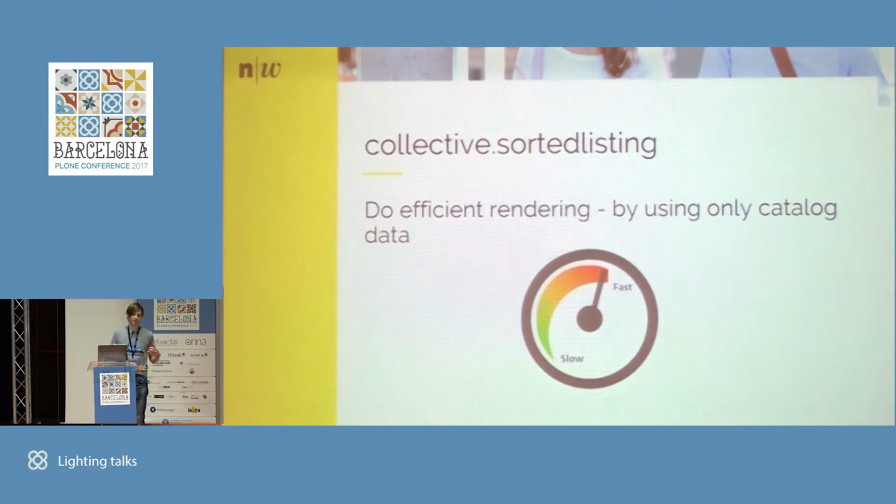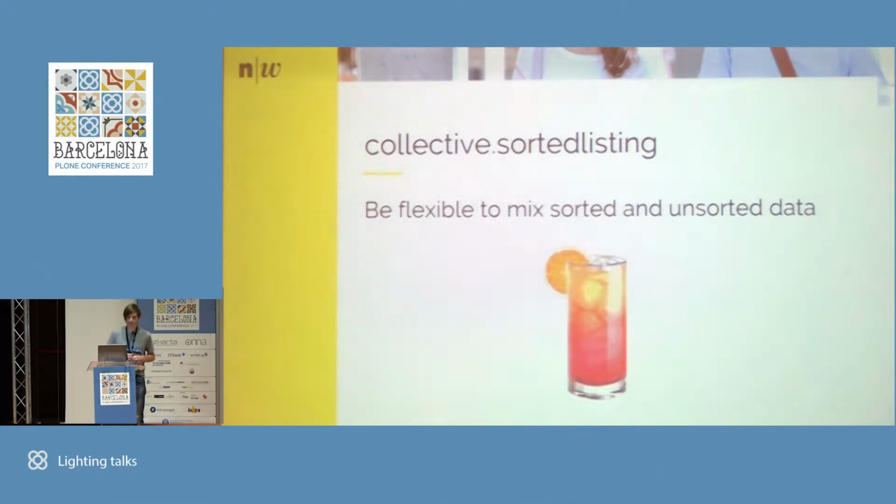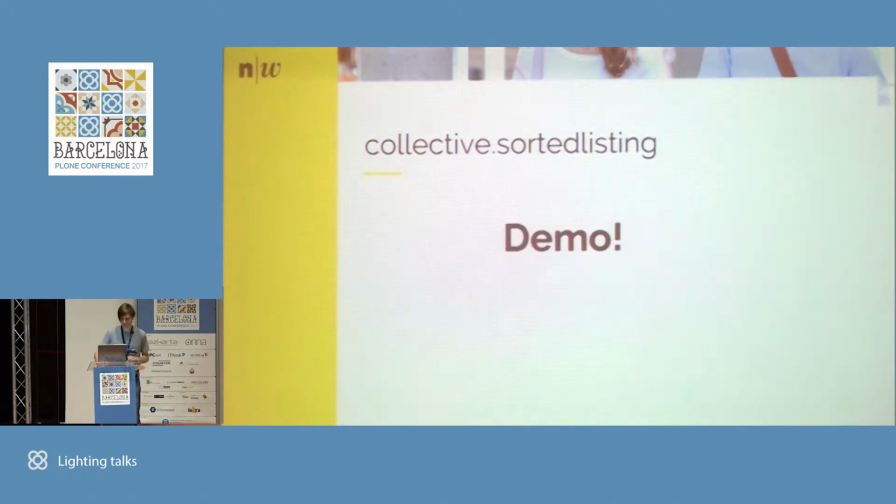We use the catalog brains as they come from the content listing, and we even wanted to mix sorted and unsorted data, which works out so that the new data which comes from the listing is put after the sorted listing.